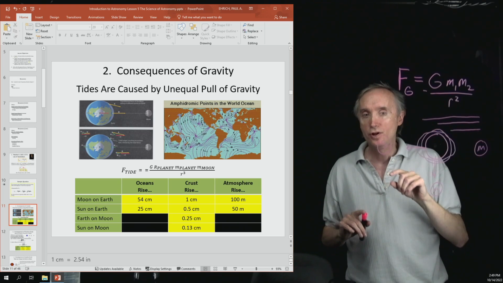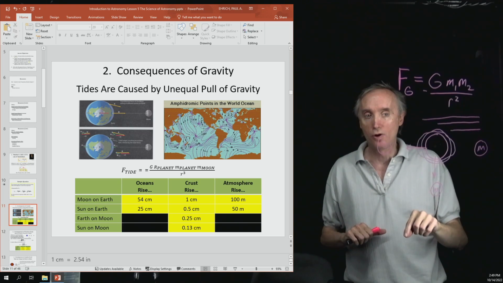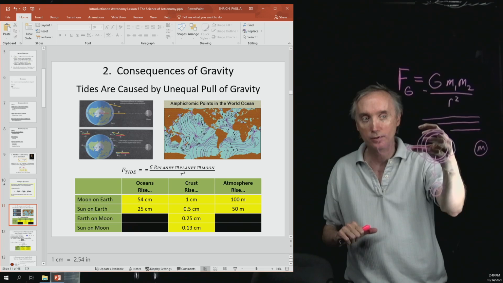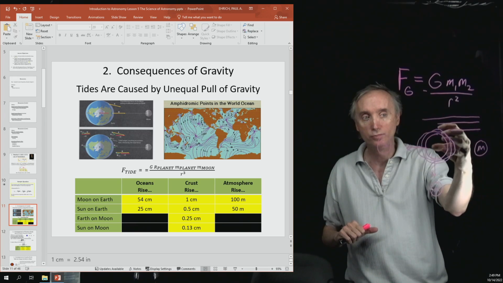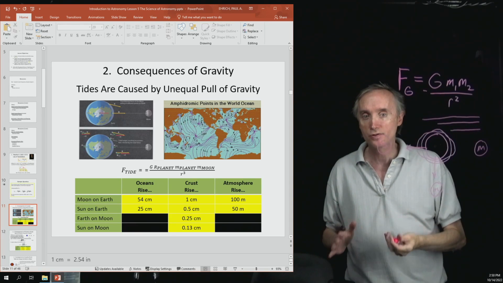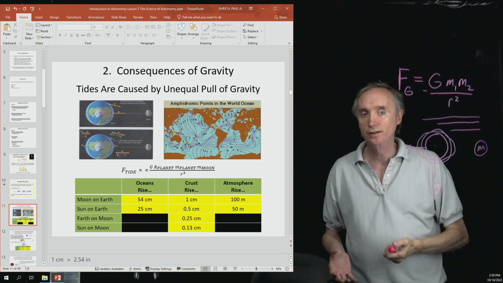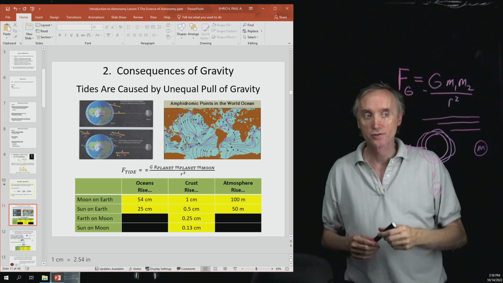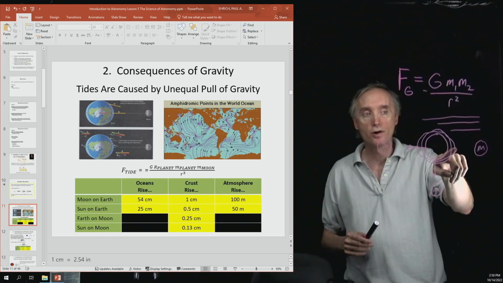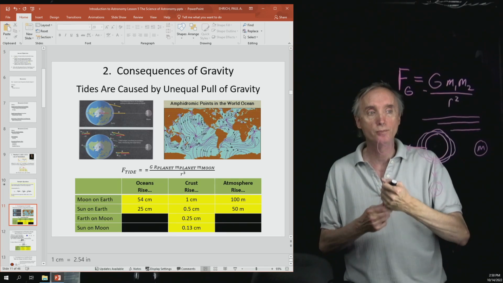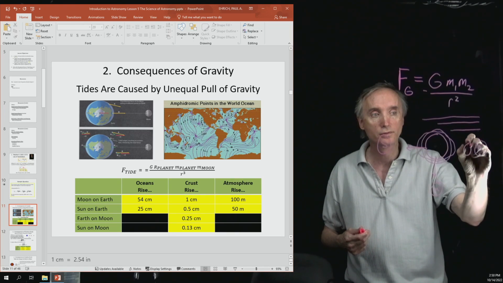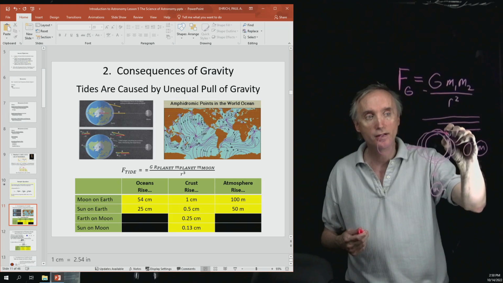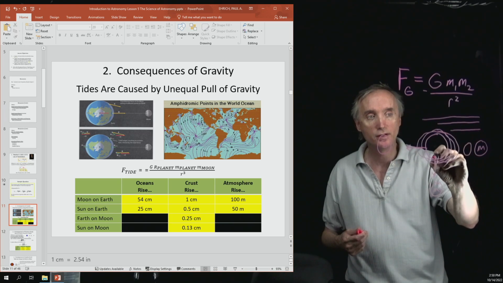So notice as the r gets small, if you take your moon and move it towards the planet, the r is getting small, so the tidal forces would get stronger. So that would mean that instead of the water bulging like this, if we move the moon closer, now the tidal bulge might be like this.